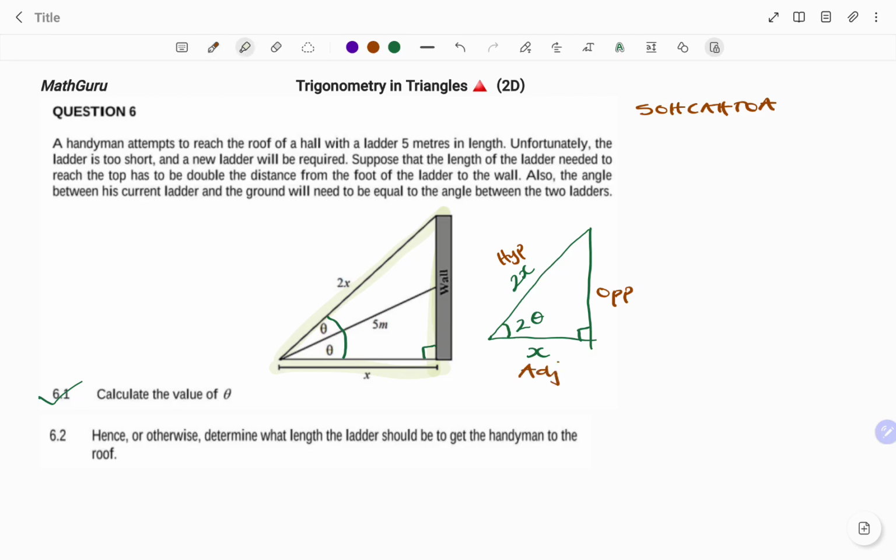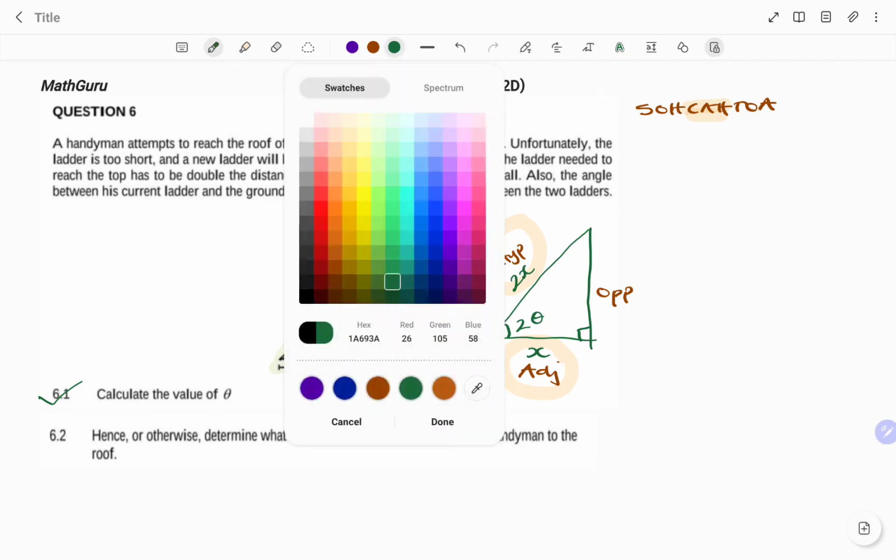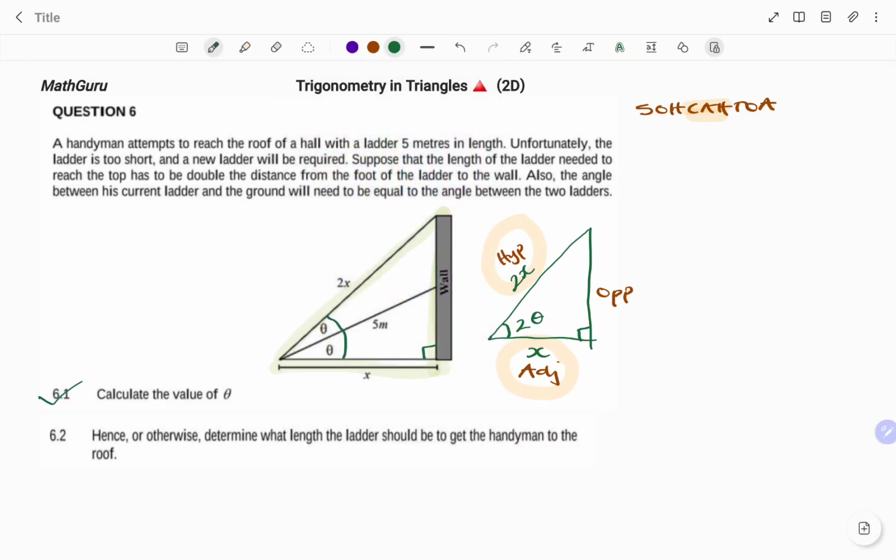So if you look at what I have, the adjacent as shown, and then I have the hypotenuse. And the trig ratio that uses adjacent and hypotenuse is my cosine. So therefore, my cosine of the angle given, that's my angle 2 theta, equals adjacent over hypotenuse.